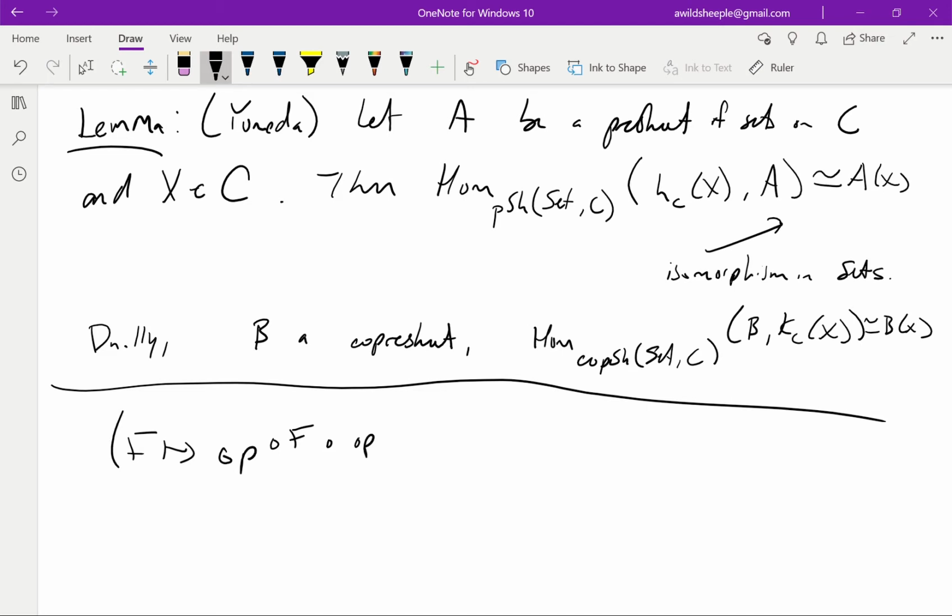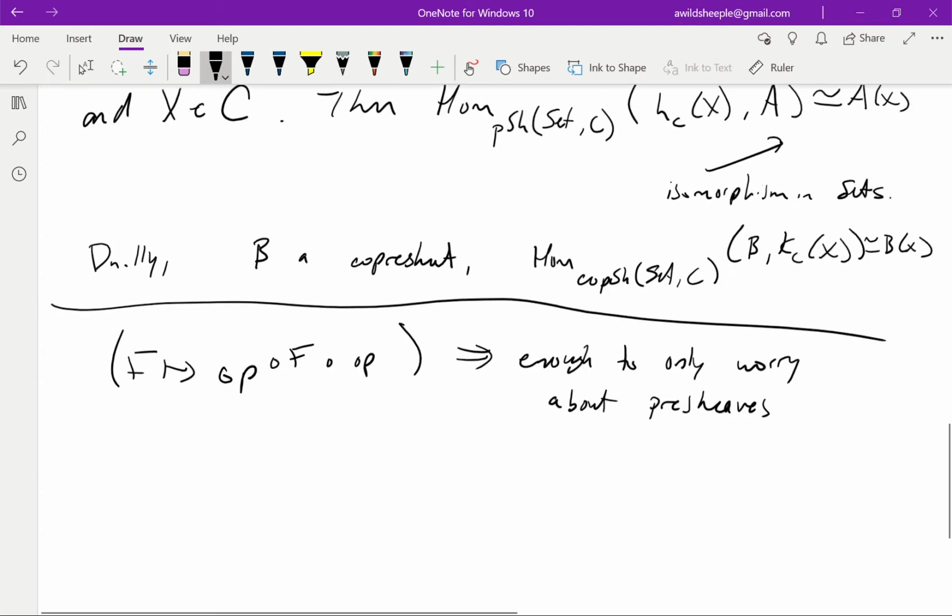And that this is an isomorphism implies it's enough to only prove this for presheaves. So we'll limit ourselves to presheaves to control the level of notation and ops that we have to consider.